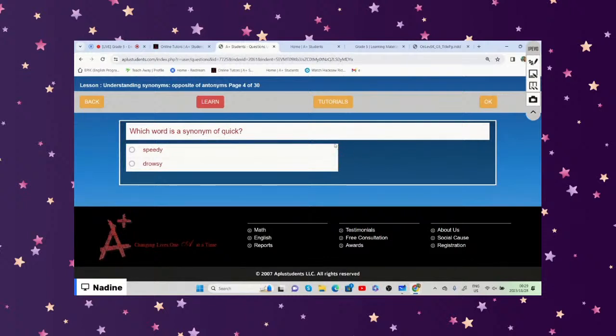We need to find the word that is the same as quick. Is it speedy or is it drowsy? Words that are the same as or similar to quick.